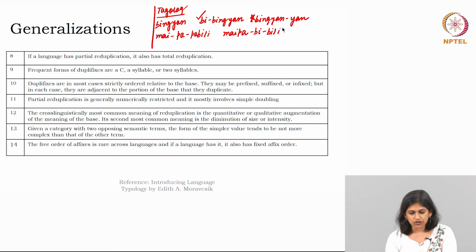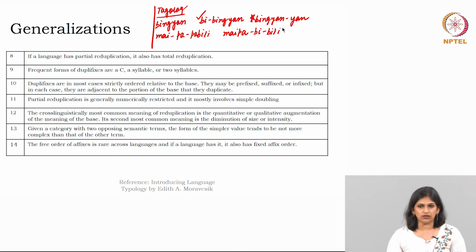It is the diminution of the size or the intensity. Either you are talking about the intensity of the phrase or the size of the phrase. But whether it is size or intensity or quantity or quality, irrespective of whatever you are talking about, the basic semantics or the basic meaning of the verb gets retained.